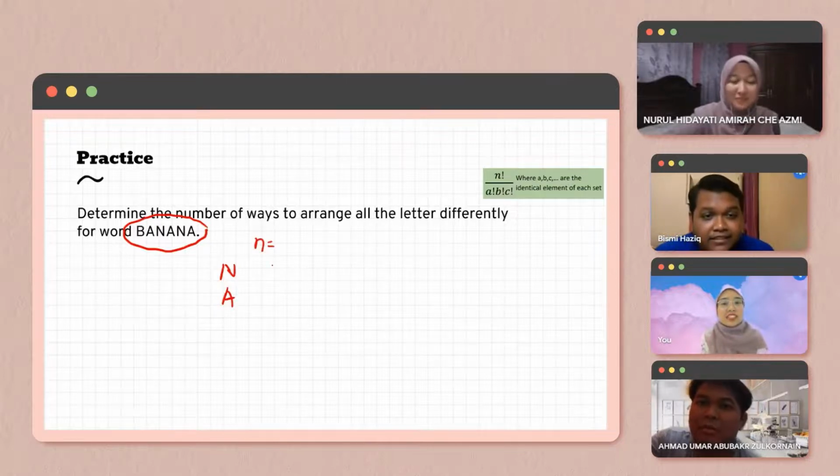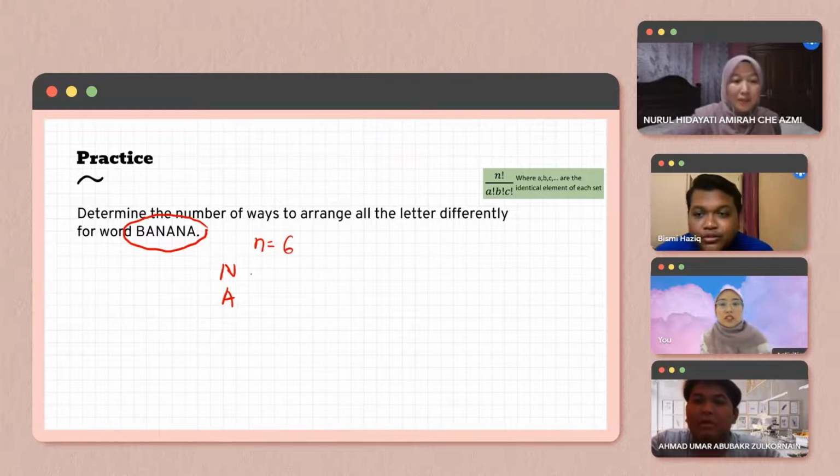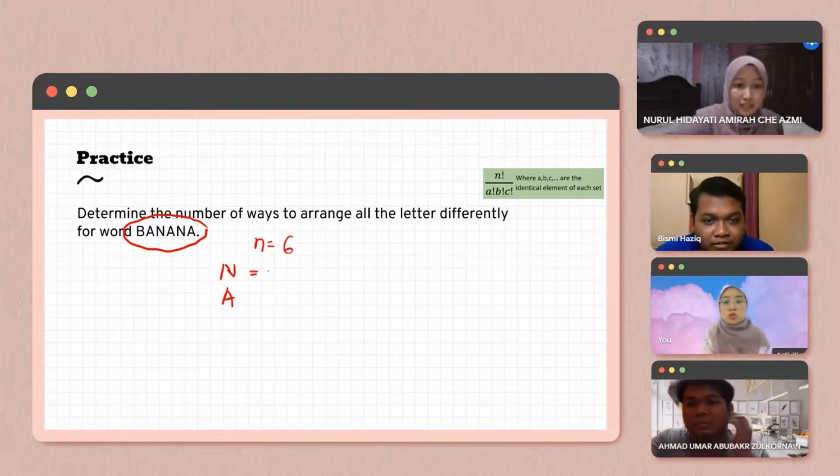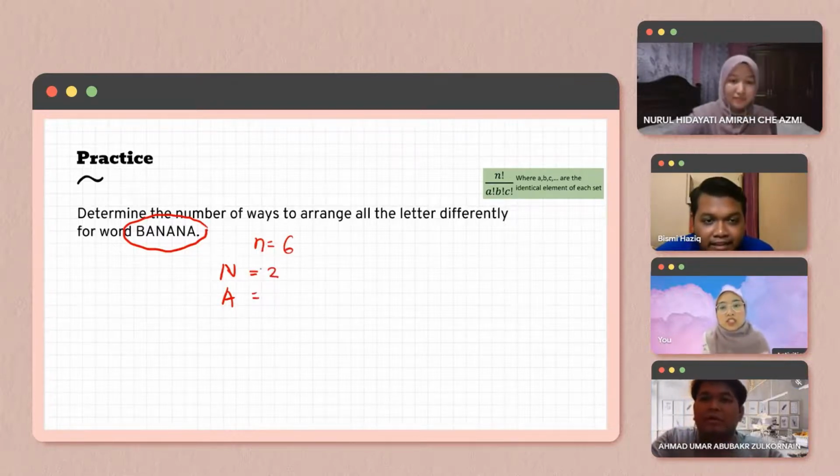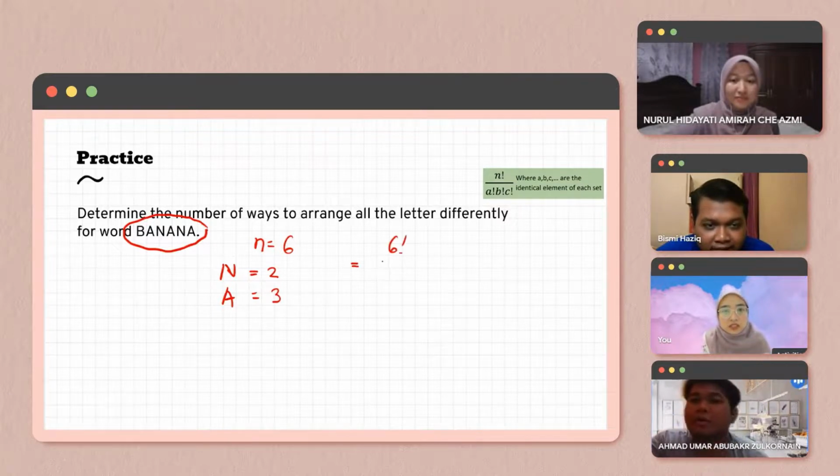All elements are 6. How can we put it into the formula? 6 factorial over 2 factorial, 3 factorial.